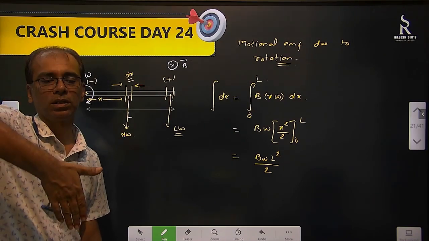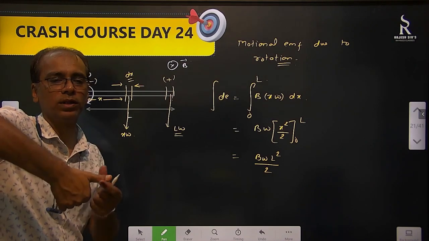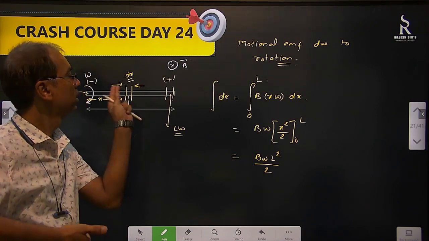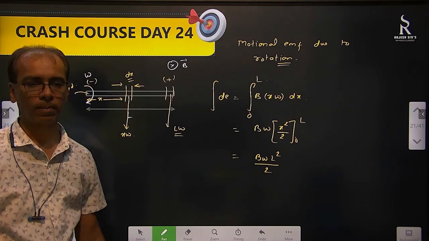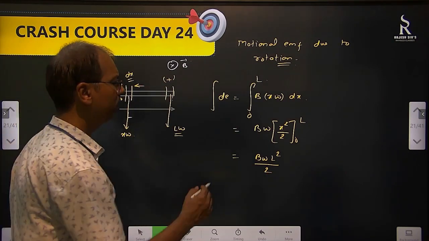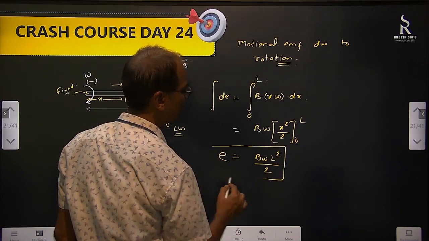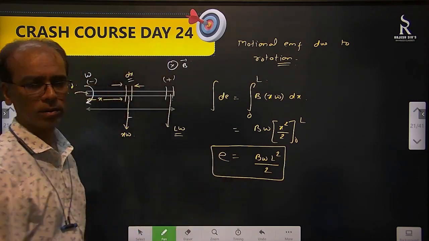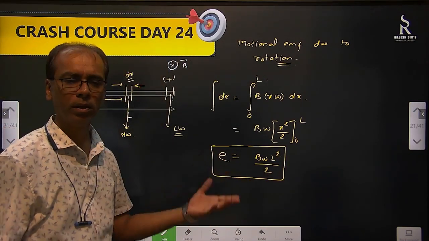Velocity is downwards, magnetic field is inside; you can see where the positive charge is going. So the EMF is B omega L square by 2. Simple. You can remember this formula, well and good. Or otherwise, remember BVL only and derive it. Better to remember that.